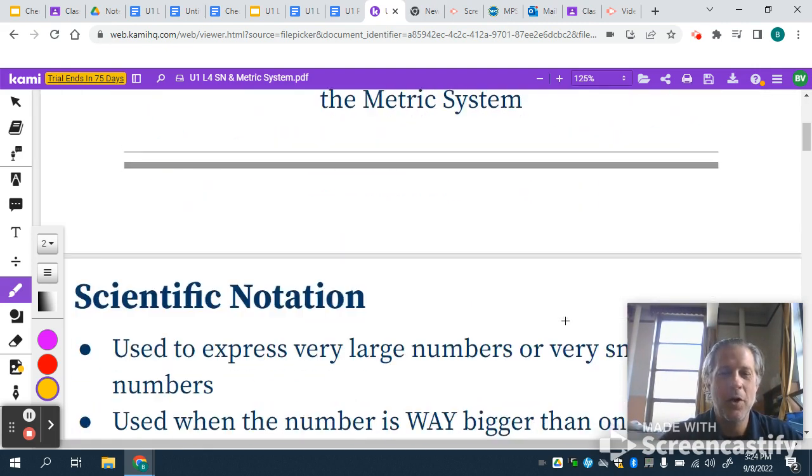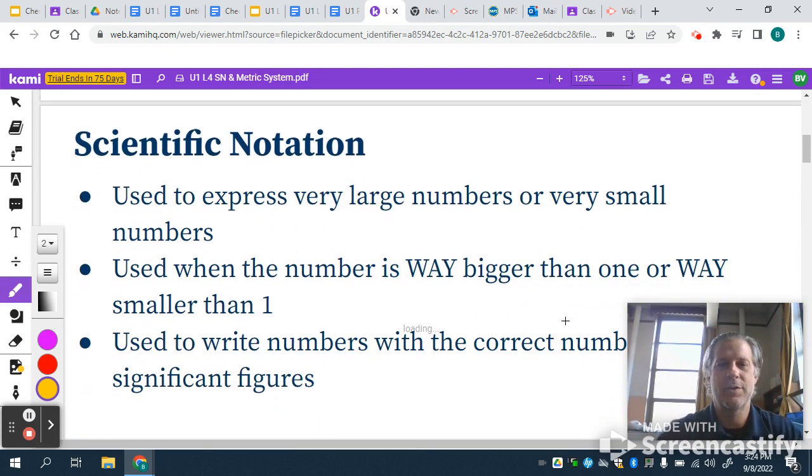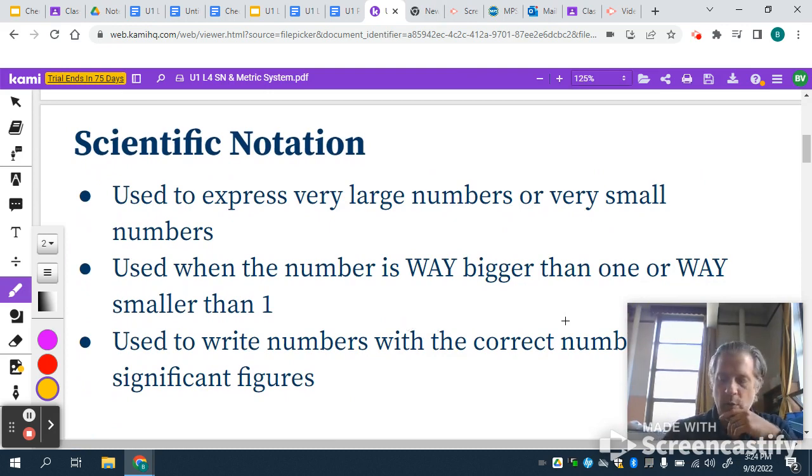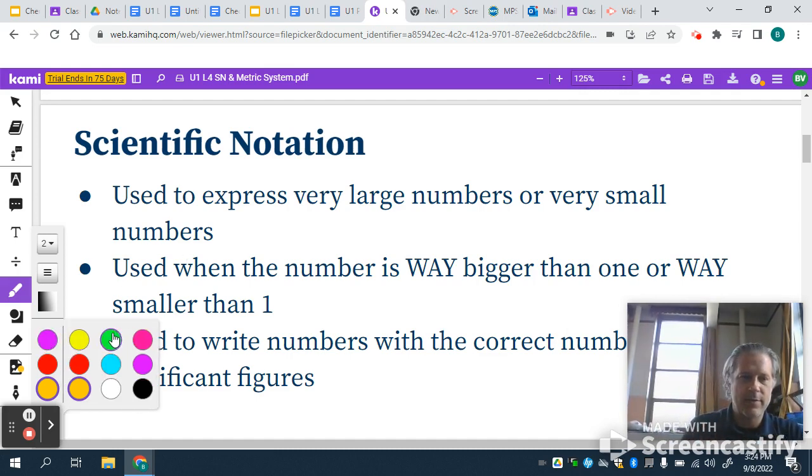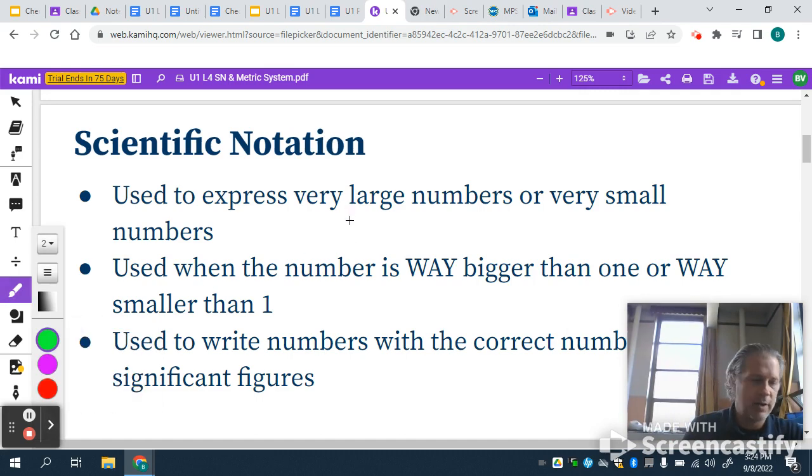Here we go. Let's talk a little bit about scientific notation. Scientific notation is a way that we can write huge numbers or really tiny numbers. In science classes, we often say that it's a way to express very large numbers or very small numbers.